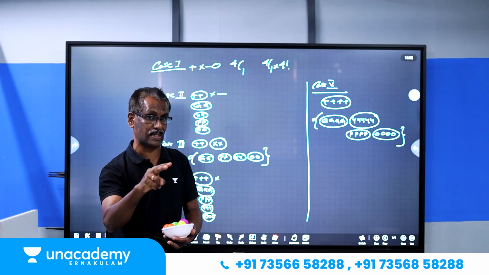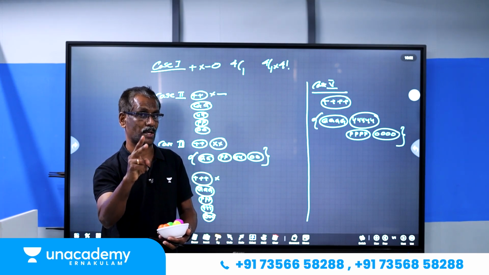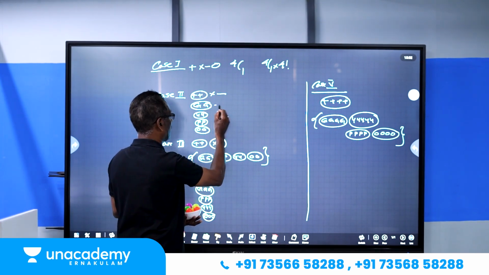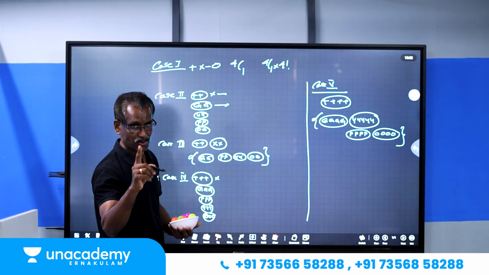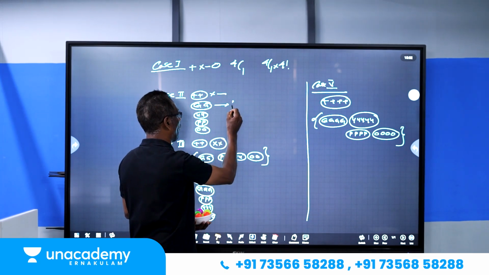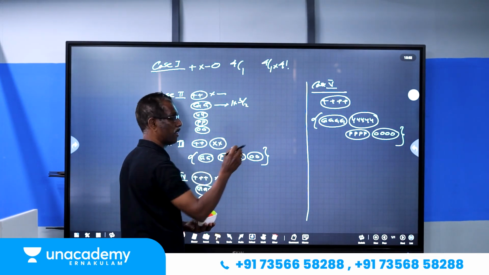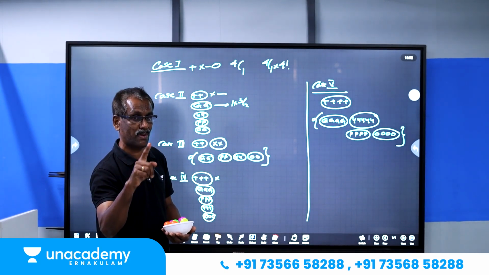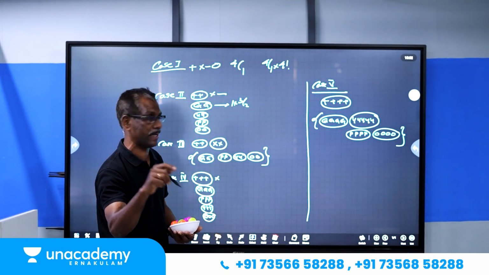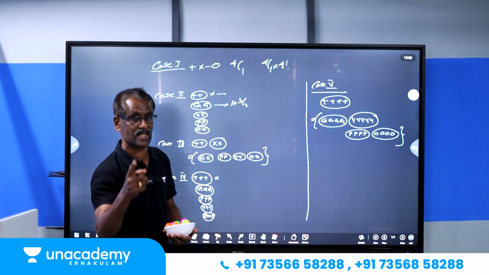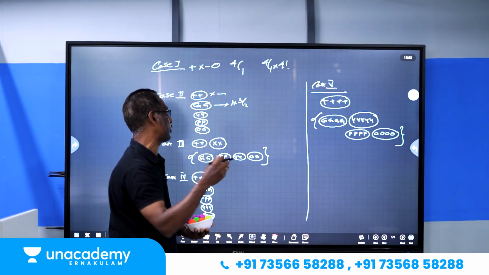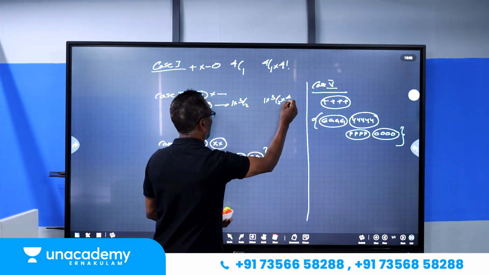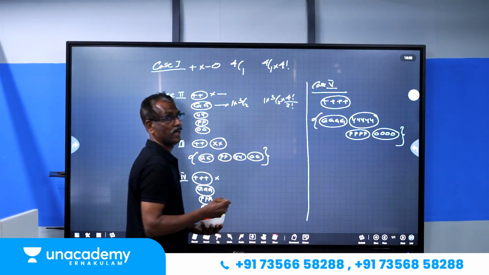Out of 3 distinct ladus, you are taking 2. So the answer is 3C2. So if you are taking 2 green ladus, the selection is 1 into 3C2. Then permuting. In your name, there are 4 letters. Out of 4 letters, 2 letters identical. The number of permutations is 4 factorial by 2 factorial. So this is 1 into 3C2 into 4 factorial by 2 factorial.